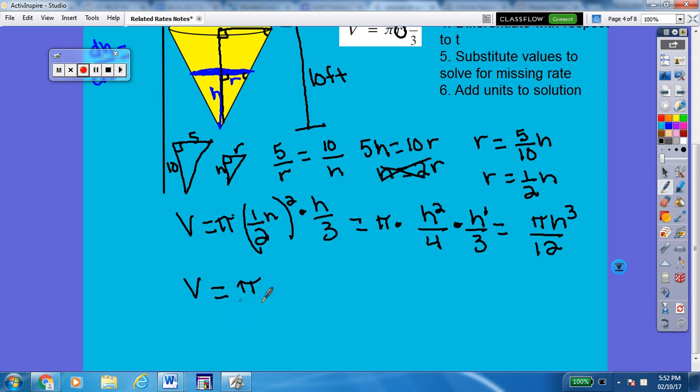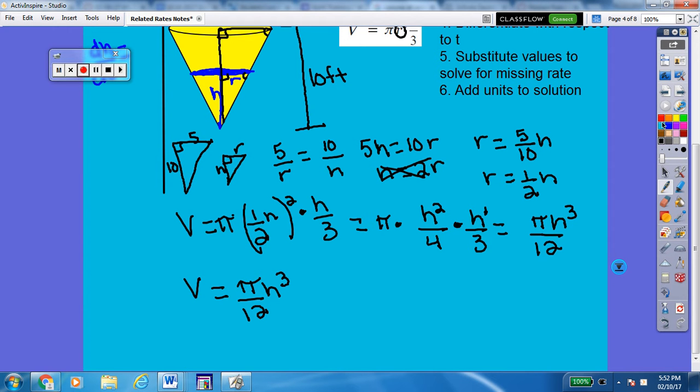All of this work, guys, and we haven't even taken a derivative. This was just preparing the function so that it only had the variables that we needed. There was no way to avoid that R because that's part of the volume formula, but with similar triangles, we can create a relationship that allows us to replace it.